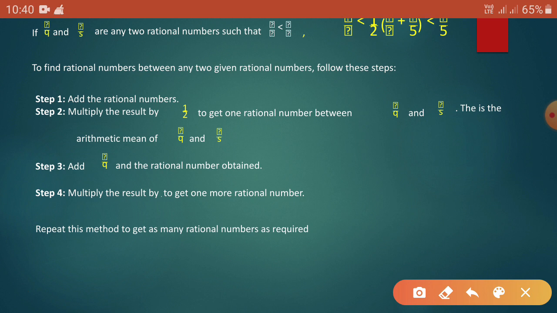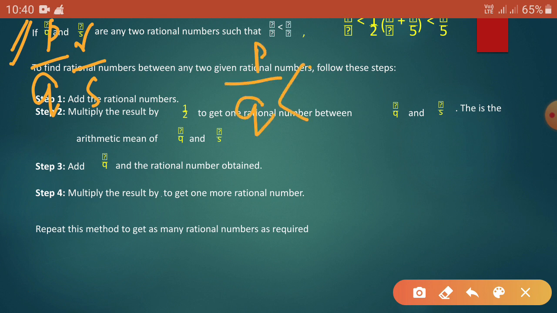Suppose p by q and r by s are two rational numbers such that p by q is less than r by s.